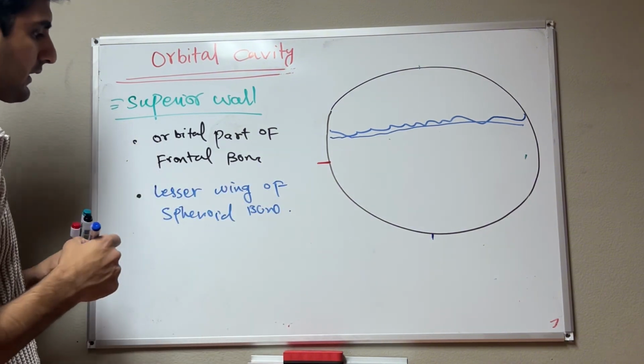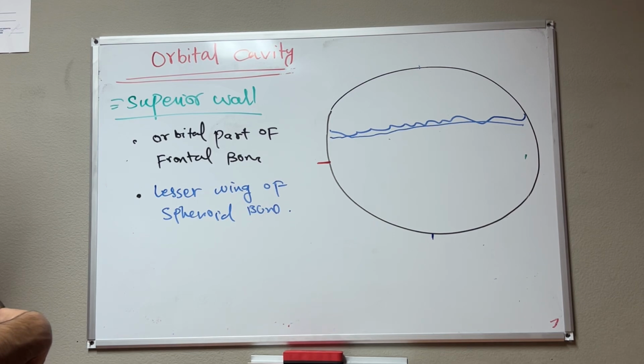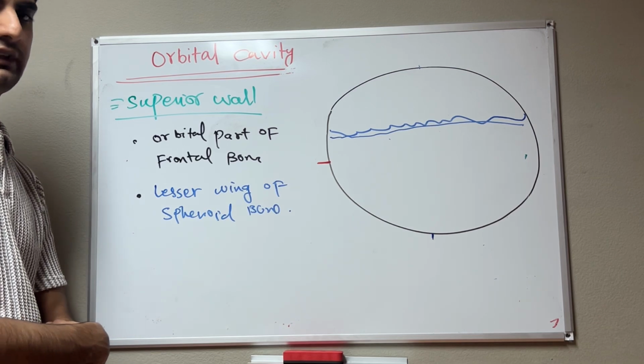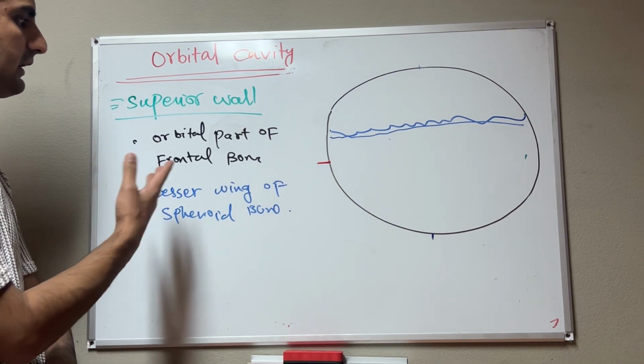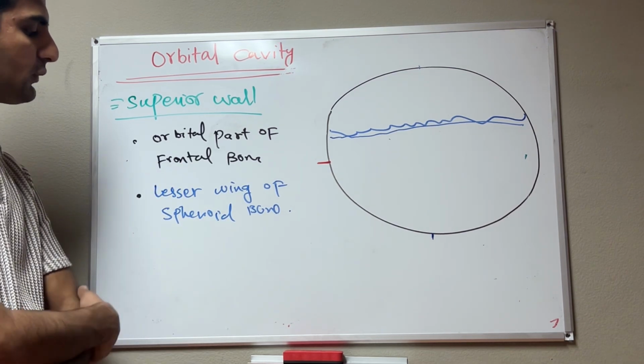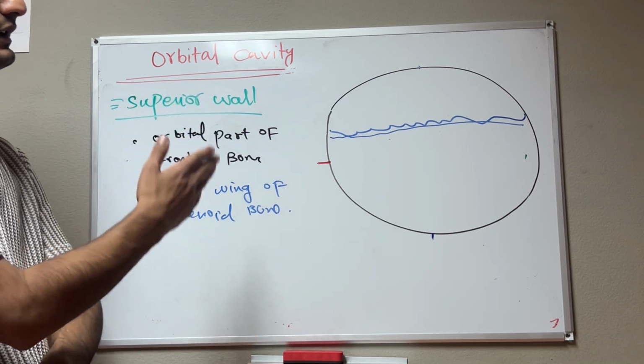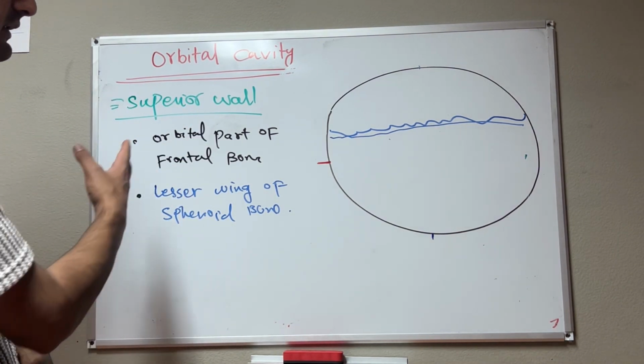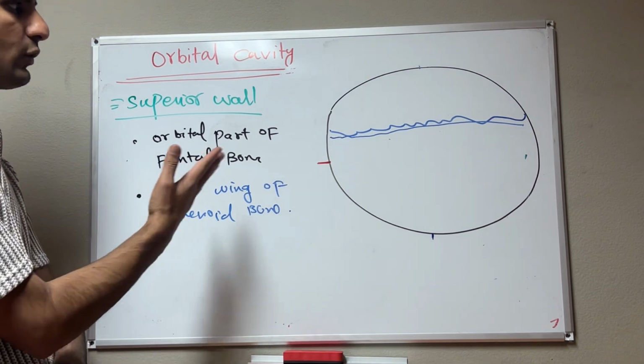In Latin, pars orbitalis of os frontale, minor ala of os sphenoidale. Okay, this orbital part of the frontal bone and the lesser wing of the sphenoid bone take part in the superior wall of the orbital cavity. This is the superior wall formation.